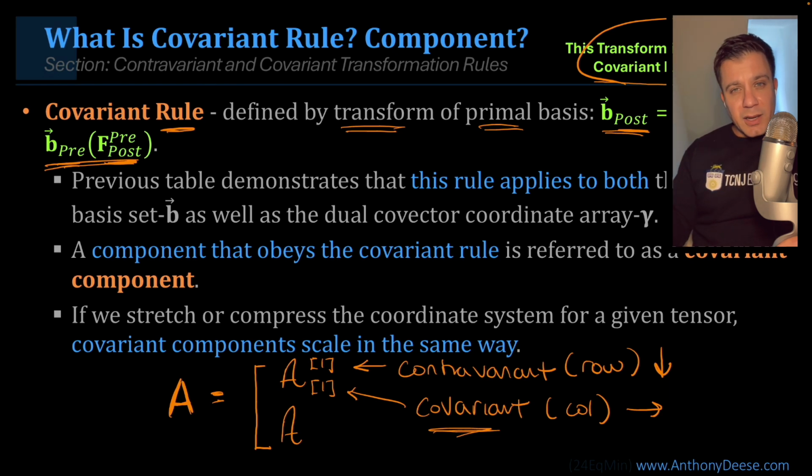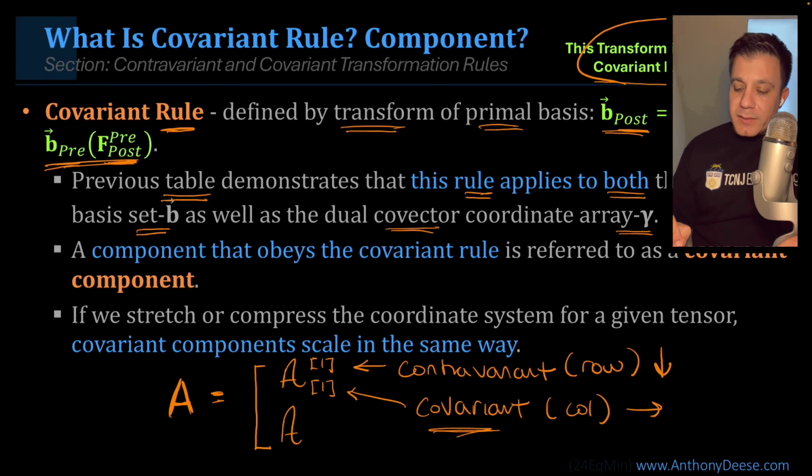Anything that resembles it and reacts similarly to a change of basis will be called a covariant component that follows a covariant rule. Anything that has the opposite, inverse relationship, we will call a contravariant component that follows a contravariant rule. The previous table, the one from the previous module, demonstrates that this rule applies to both the primal basis set B as well as the dual covector coordinate array gamma.